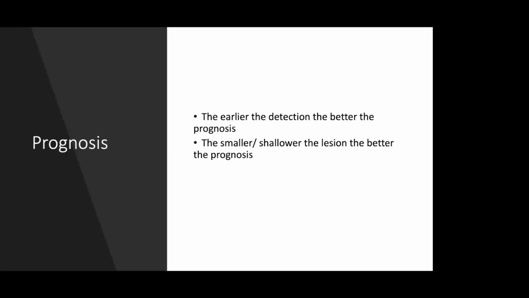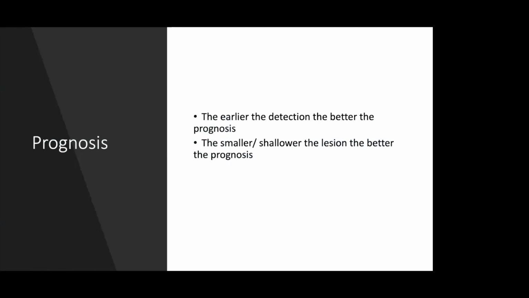So in terms of prognosis, the earlier the disease is detected, the more likely we are to be able to intervene before the disease has spread, and therefore the outcome is likely to be better.